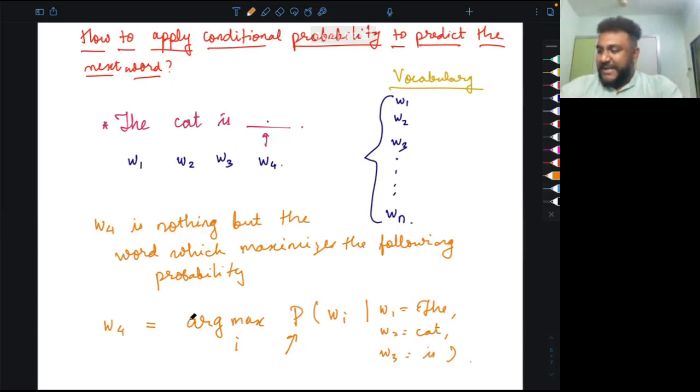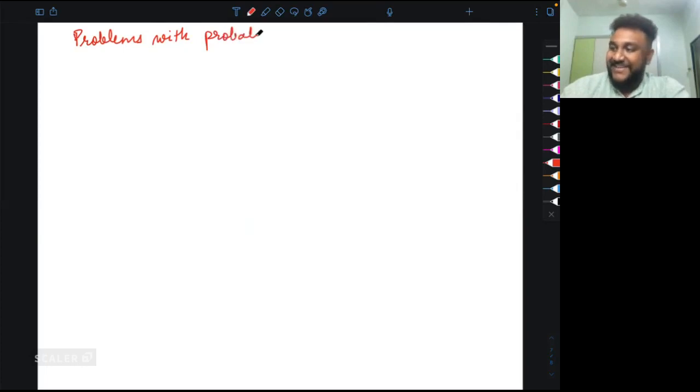Do you guys remember any obvious problems with working with probabilities? Obvious problems when it comes to probabilities? Yeah, nice. Okay, problems with probabilities.